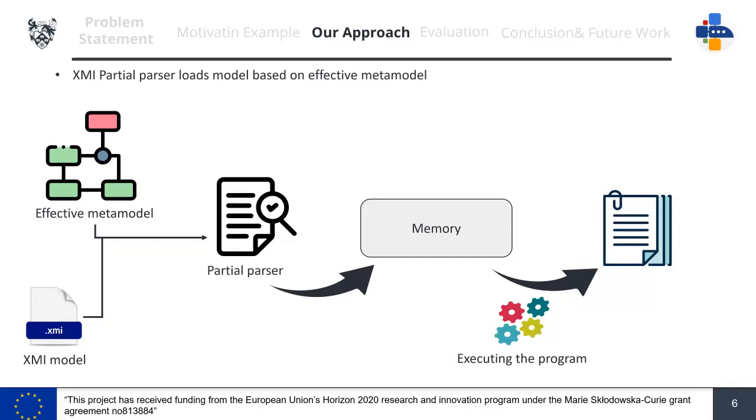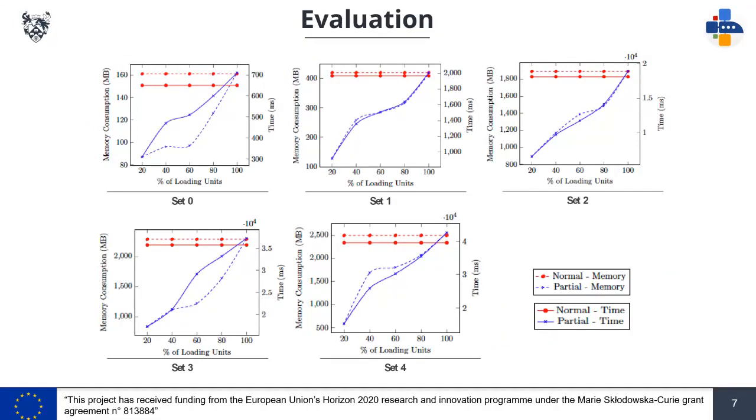Based on the results that he published, you can see in the red lines, the first one reports the memory and the other one the execution time of the default parser of EMF. It doesn't matter whether 30%, 20%, 40%, 60%, or 100% of the model is going to be used, it's always the same because the whole model is going to be loaded. But the blue line shows the partial parser: when you use more of the model, like 100%, it costs more, but when you use just 20% of the model, because you are loading less information, the time and memory are less.